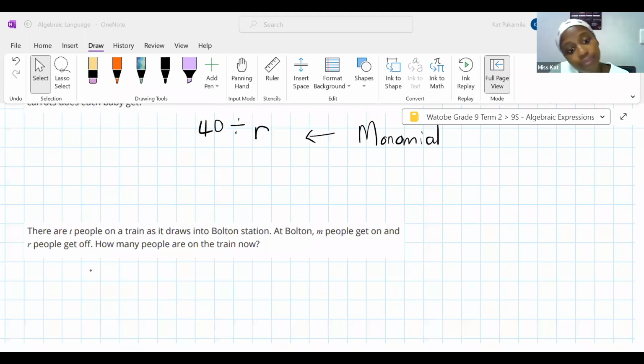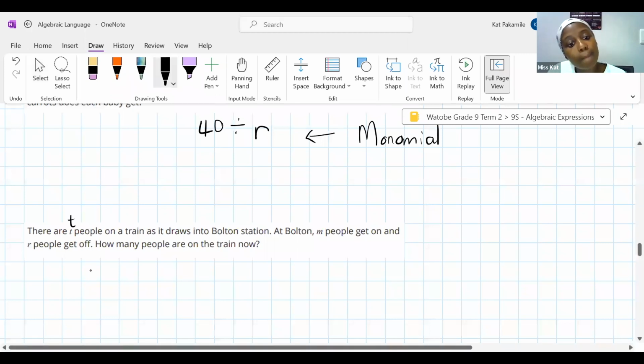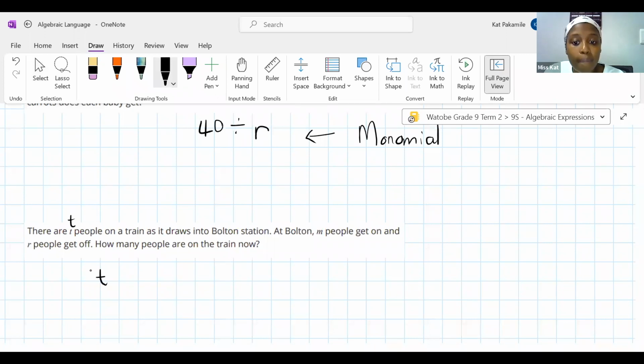Since it says there are T people on the train, I'm first going to put down T. Then it says M people get on, which means adding.